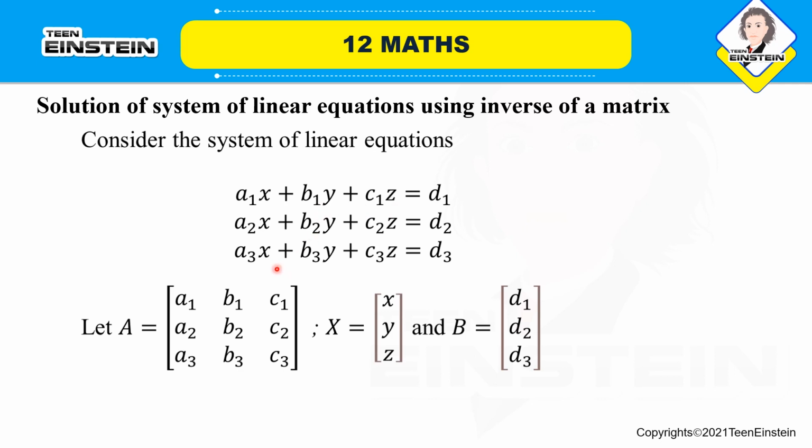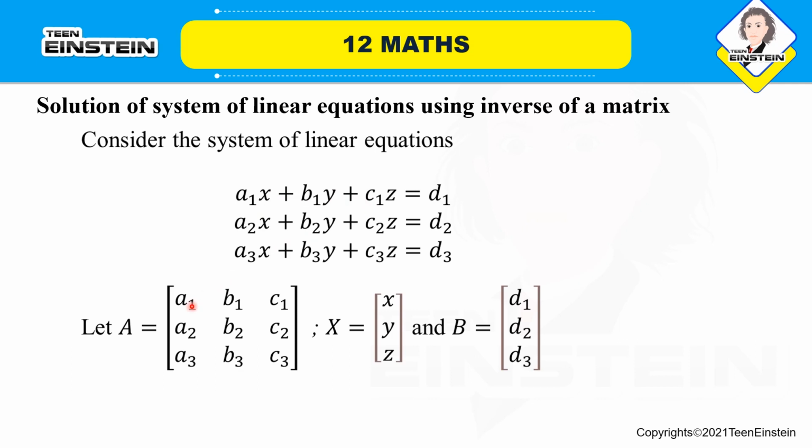So we consider the following system of linear equations. Let A equal to matrix a1, b1, c1. How will you write this? What are the coefficients of x, y, z from the first equation? a1, b1, c1.